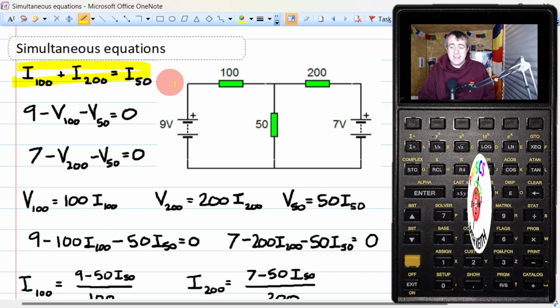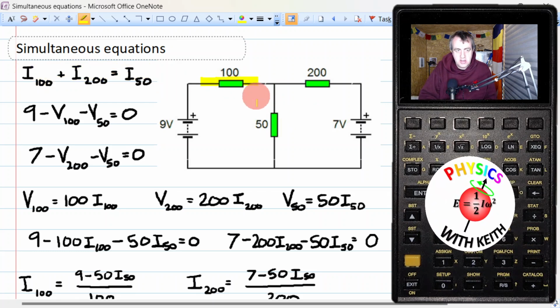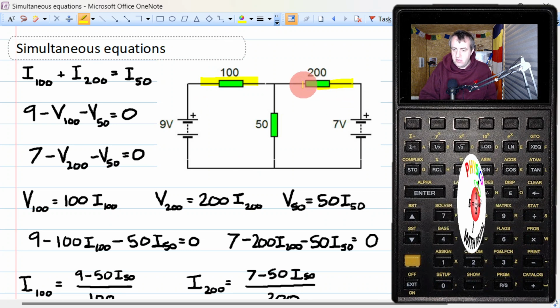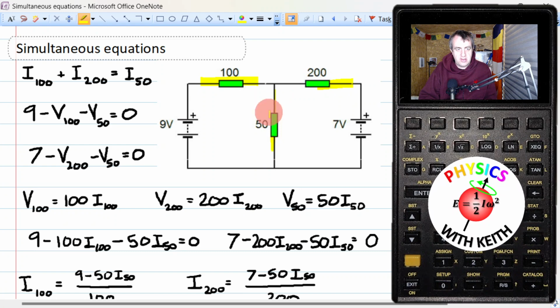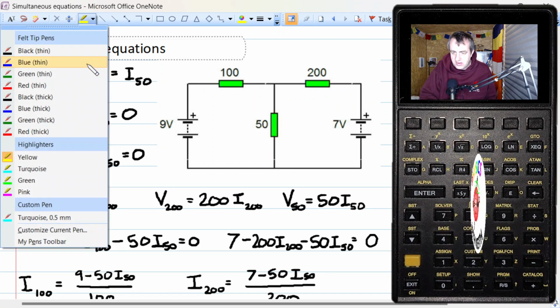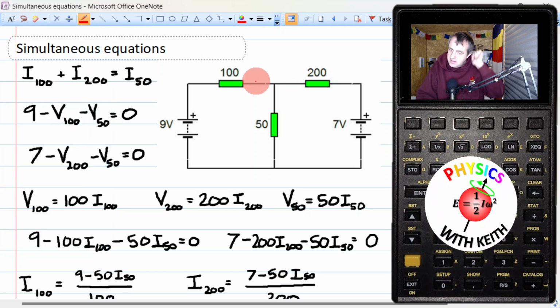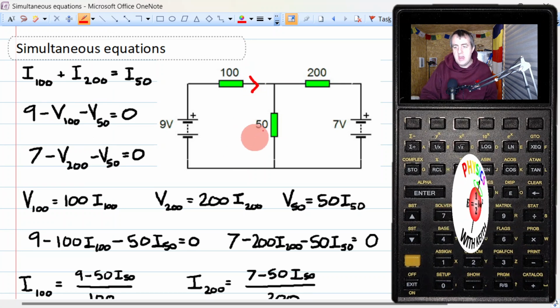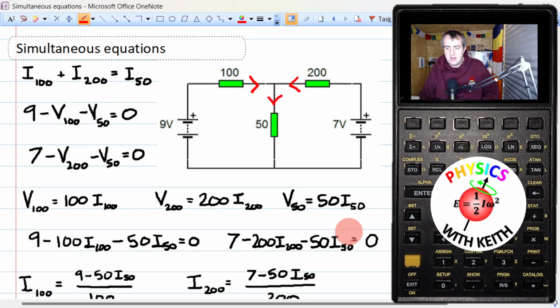This is adding together the current passing through this branch to the current passing through this branch to calculate what the current is passing down this central part here. And if I draw on this with a nice big red pen, the current passing through here plus the current passing through there should equal the current passing down here.